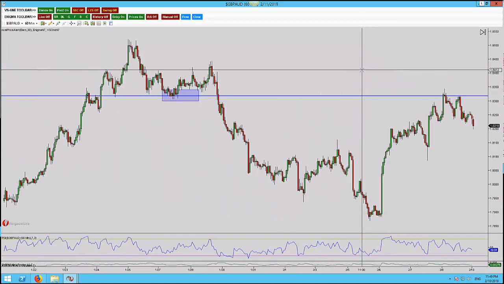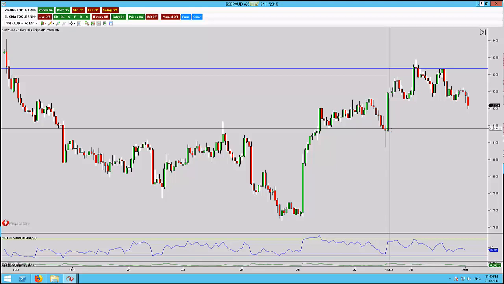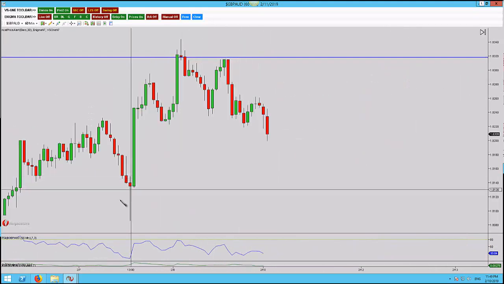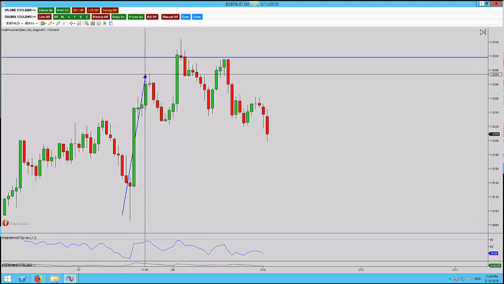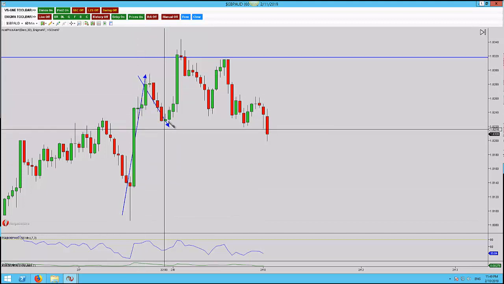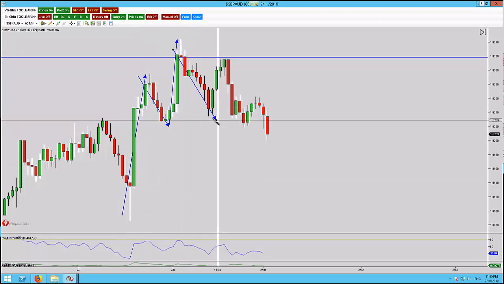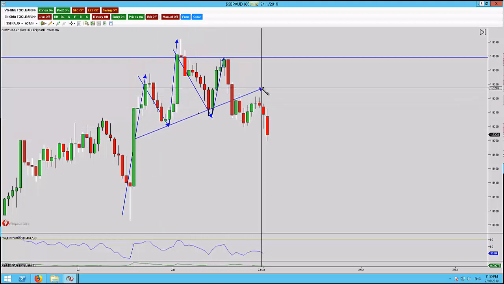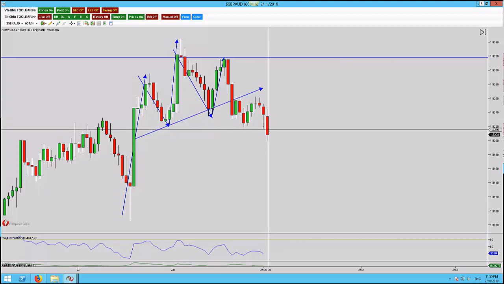However, I go off the higher time frame analysis, so that would be the 240. So in this scenario now, this becomes valid. And since my opinion has now changed, we've had a left shoulder, a head, a right shoulder, giving us a slanted neckline the wrong way for me.